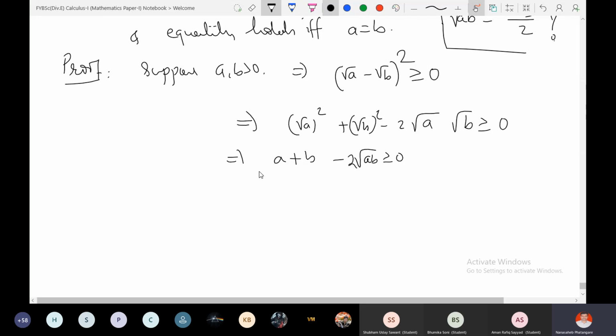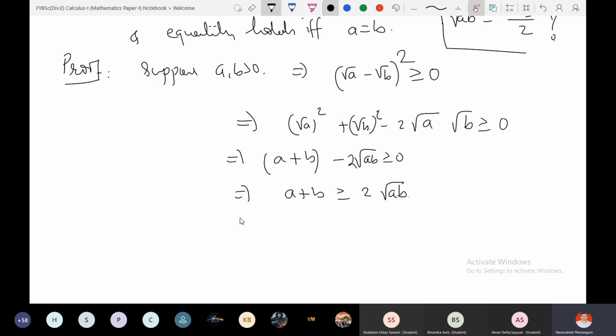Whenever I say this minus this is greater than or equal to 0, what does it mean by order property? So A plus B is greater than or equal to 2 times root AB, right? If I multiply both sides by half, which is a positive number, then the inequality remains the same by our previous discussion. So A plus B by 2 is greater than or equal to root AB. Half is a positive number, so the inequality is not going to change, right?